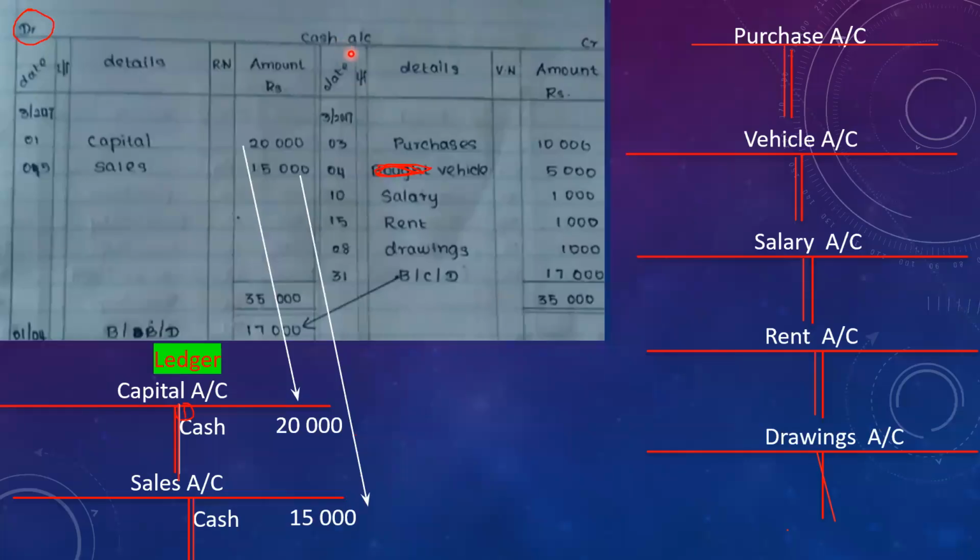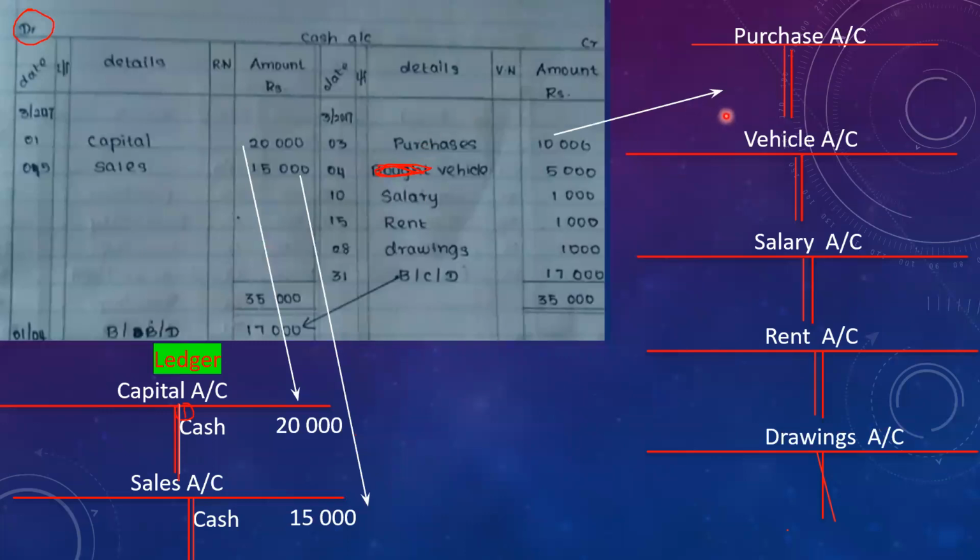In the cash account, we have credit. Now I am going to teach you only one. You are going to do the rest, okay? Be ready. Purchase is on the credit side of the cash account. So when you come to the purchase account, it comes to which side? Debit side. Credit to debit, debit to credit.